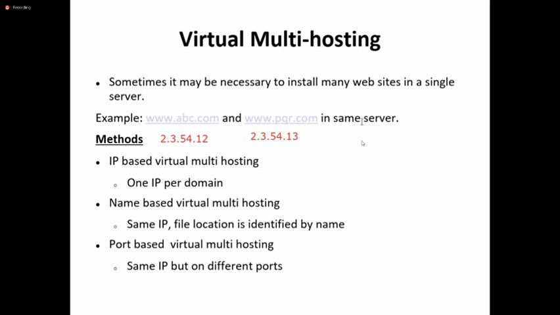Because we are having this in the same server. So traffic will be directed to the relevant port or card, network card, right? So traffic of abc.com will be forwarded to this IP's port. Then traffic of this domain will be forwarded to this IP's port, right? So that is one way.